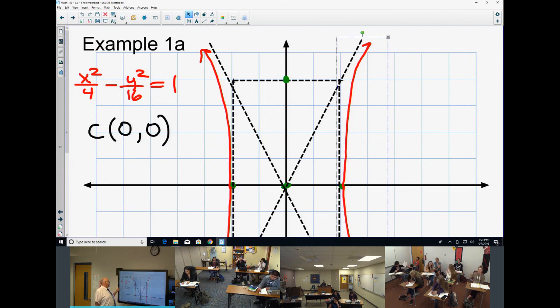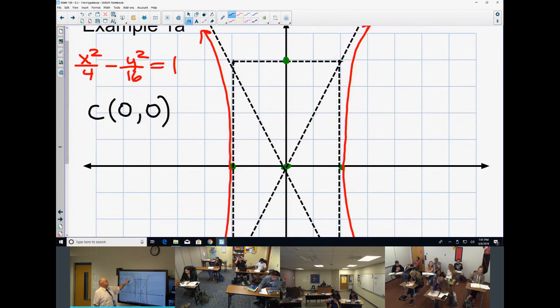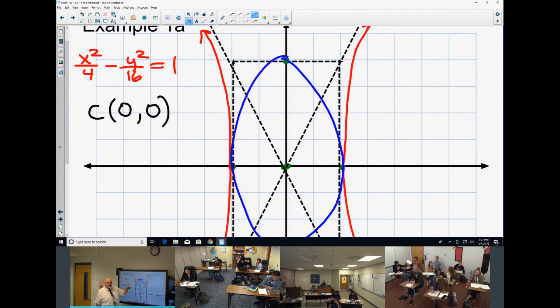Now if we were doing an ellipse, we would make our ellipse using those 4 points. But it's not an ellipse. So what we do is we make a box, a rectangle, containing those 4 points.